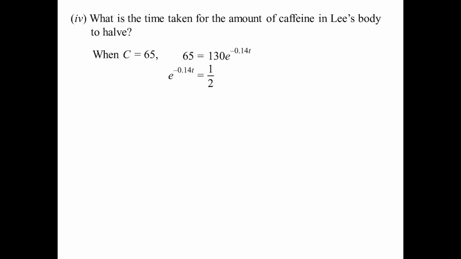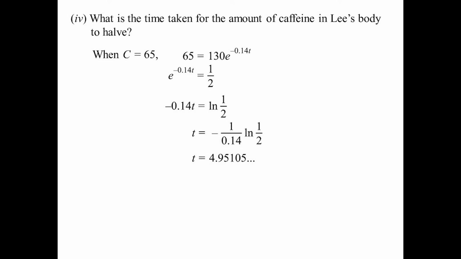All right, well, to undo the exponential, we'd log both sides. But it needs to be the natural log because we're working with base e. So I now know minus 0.14t is ln of a half. Divide by minus 0.14, that would be the exact answer. But I suppose when we're answering a question like this, that sort of exact answer doesn't really make sense. I mean, if someone said to you, how long is it going to take?